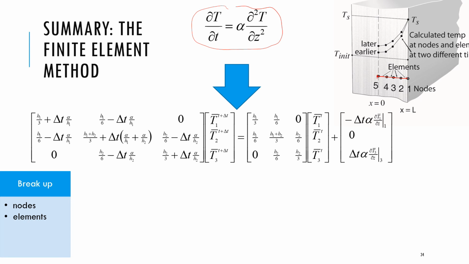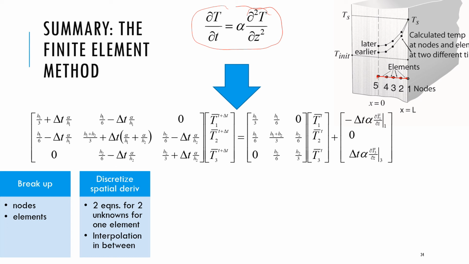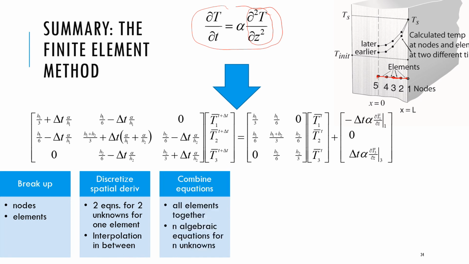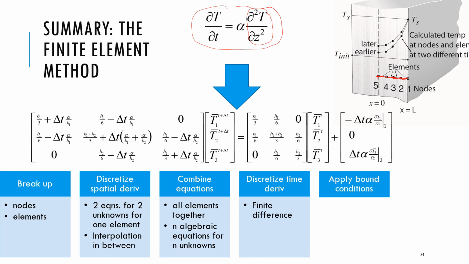It's symmetric, so we need only half the slab. So we break it up into nodes and elements. That was the first step. Next, we discretize the spatial derivative for one of the elements. Then we combined equations for all the elements. Then we discretize the time derivative. And then we applied the boundary conditions. And that's basically it. Then we plugged in numbers just to see how things go.